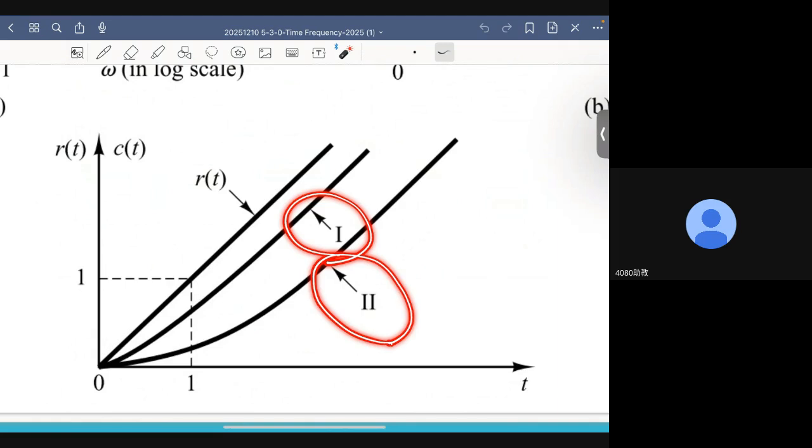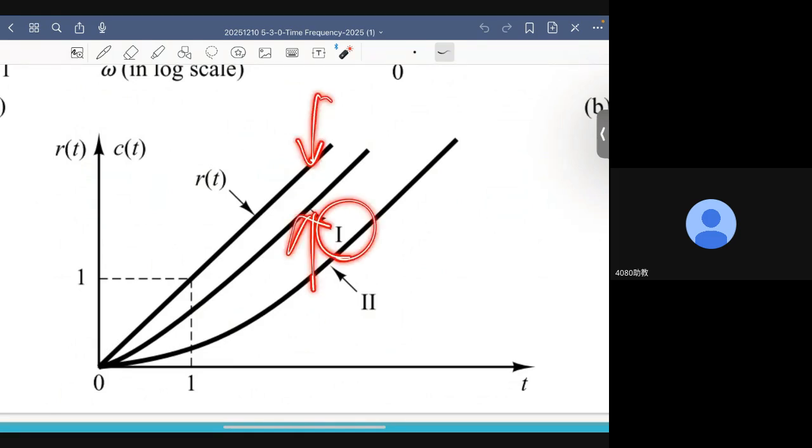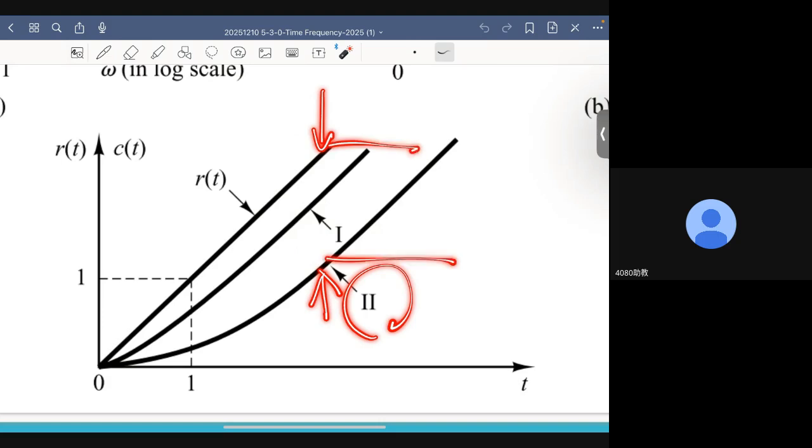And because of this, the tracking error of system 1 is also smaller than the tracking error of system 2.